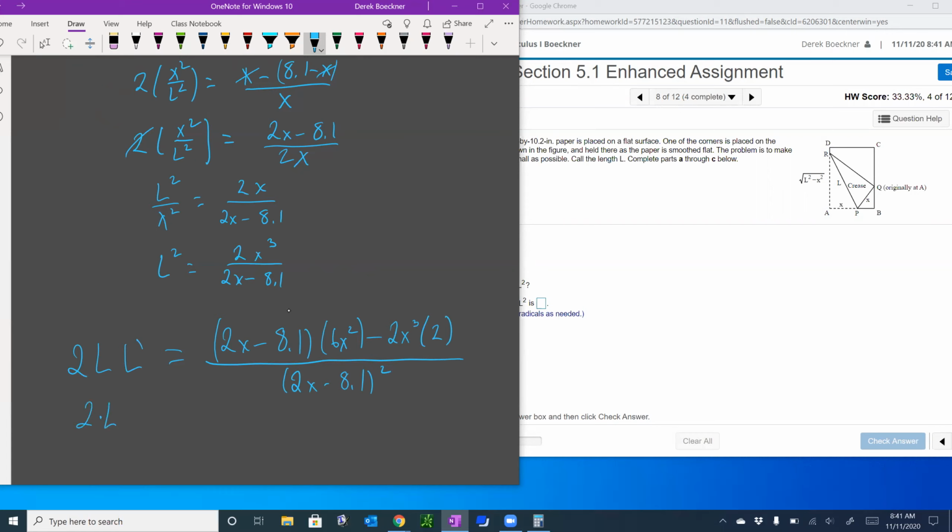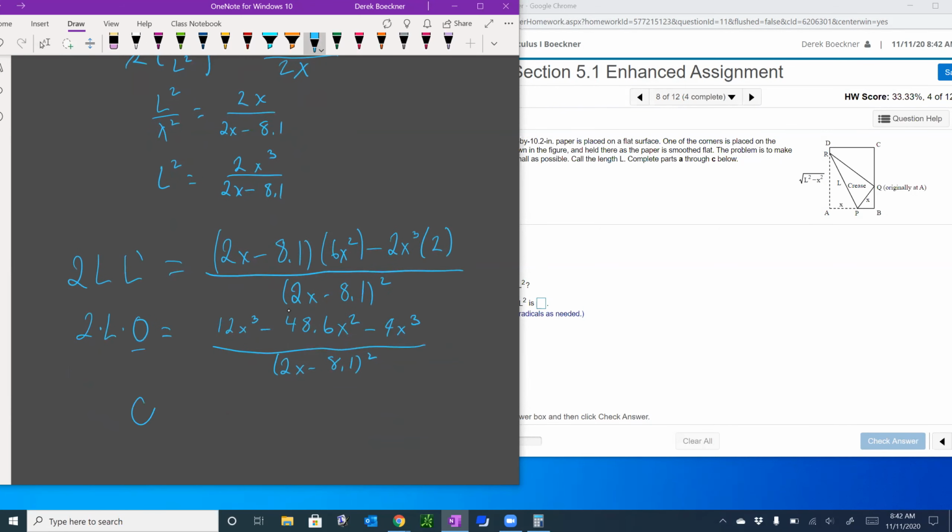So I get 2 times L times 0 is equal to this whole thing, which I'll expand the top out. I've got 12x cubed minus 48.6 x squared minus 4x cubed over 2x minus 8.1 squared.